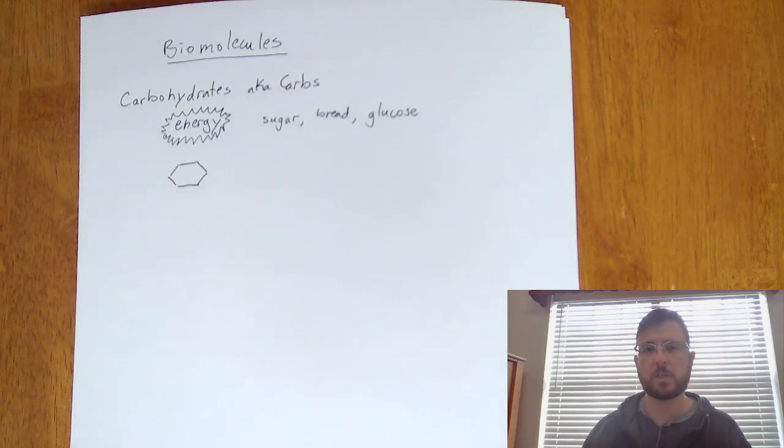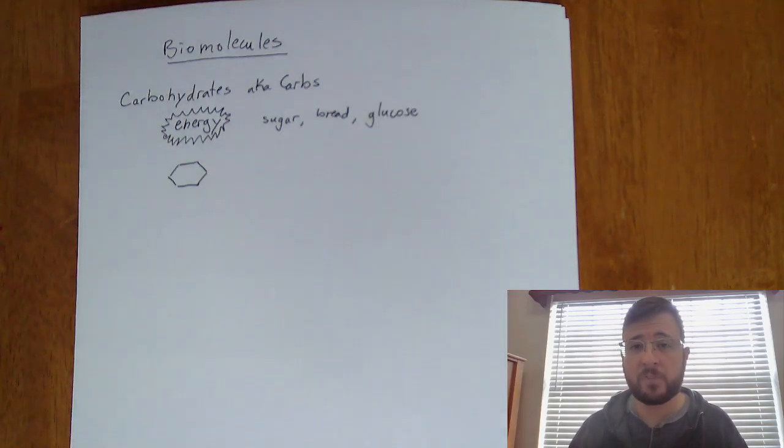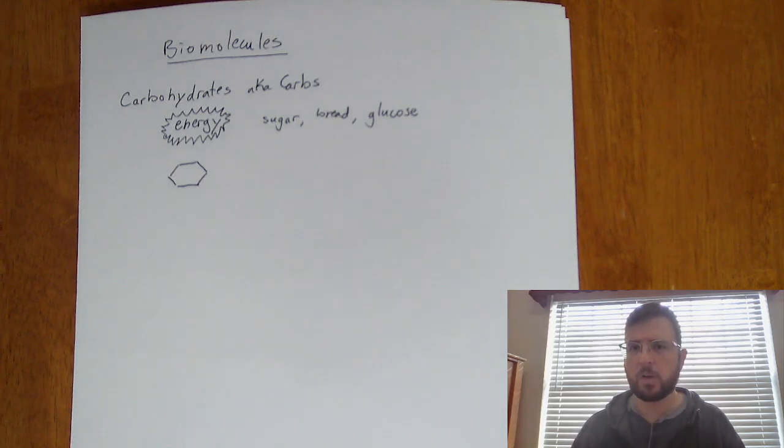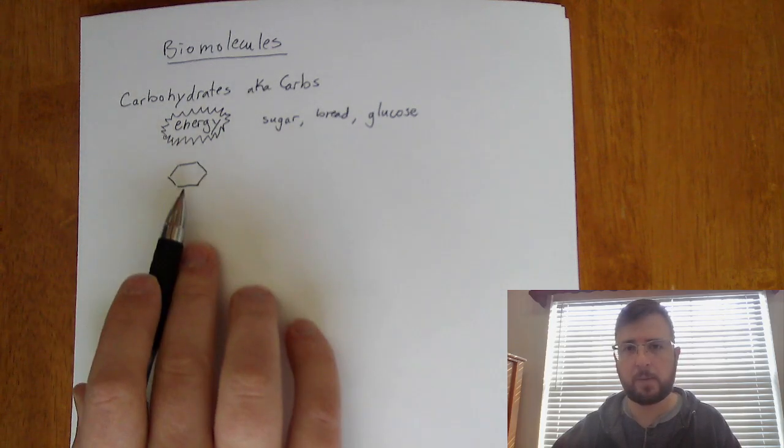They look like little hexagons. Now, we're skipping a lot of the chemistry because this is an introductory biology course. And so if you want to go look these up, you'll see very complex chemical molecules and models. But for this recording, for this lesson, we're just going to think about them as hexagons, okay?